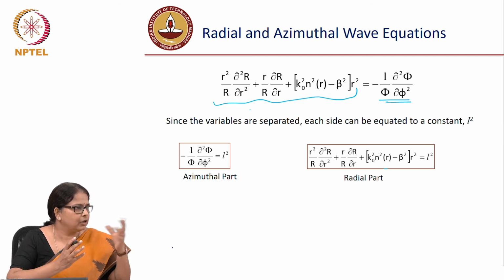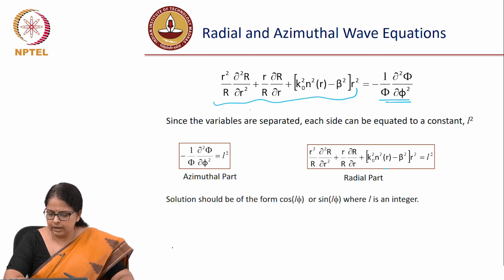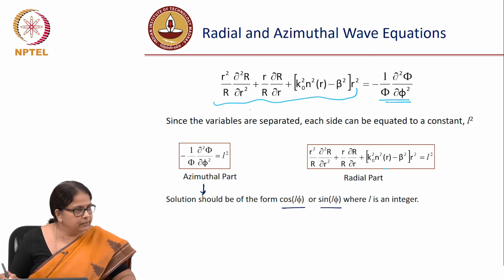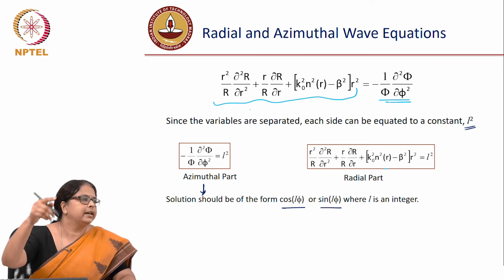Harmonic solution will have a cos L phi and a sin L phi as a solution, right. So the solution of this part should be of the form cos L phi or sin L phi, where L is an integer. See, that second derivative gave L square. When you do second derivative, it will give you L square, which is why initially you equated to the constant L square. Otherwise, there was no motivation of equating it to something like L square.